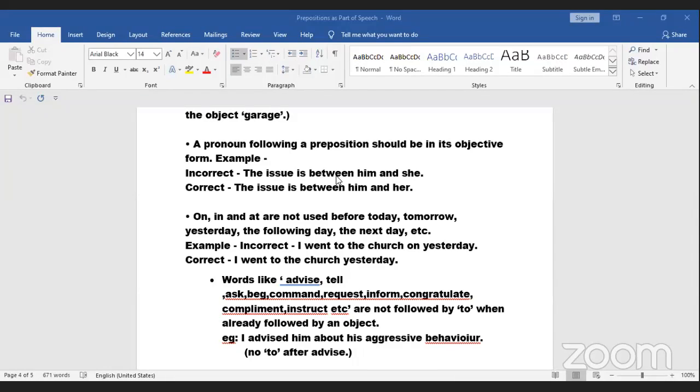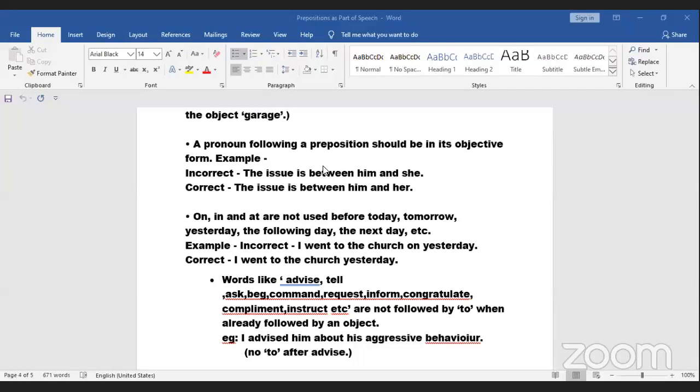Now, coming back to the rule, whenever a preposition comes, the pronoun following it will be in its objective form. Between he and she is wrong. Why? Because he and she are in subjective form. Between him and her, him and her are in objective form.